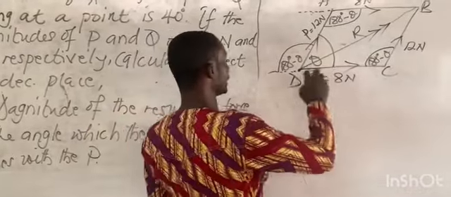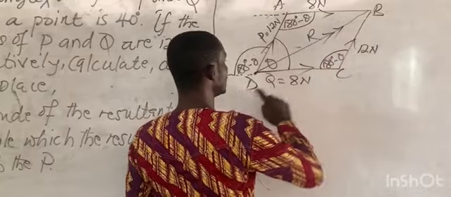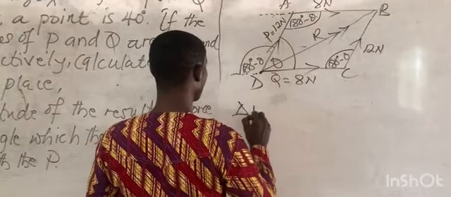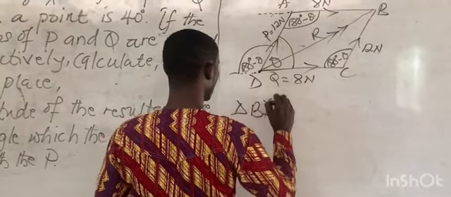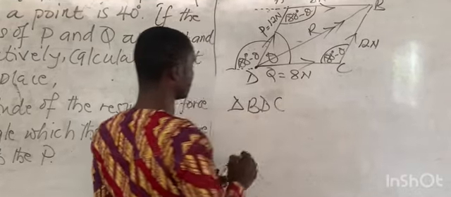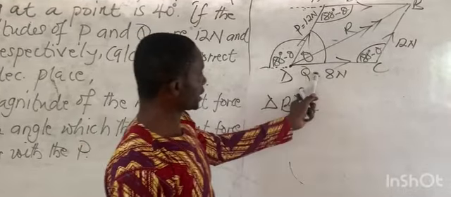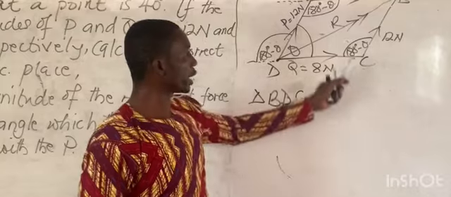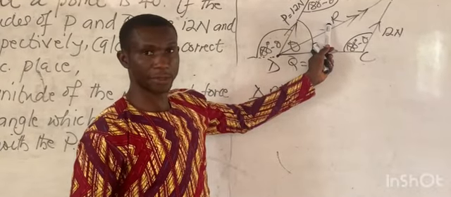Now we can pick triangle BDC. We know this side, we know this side, and we want to find the resultant force, so we can use the cosine rule.